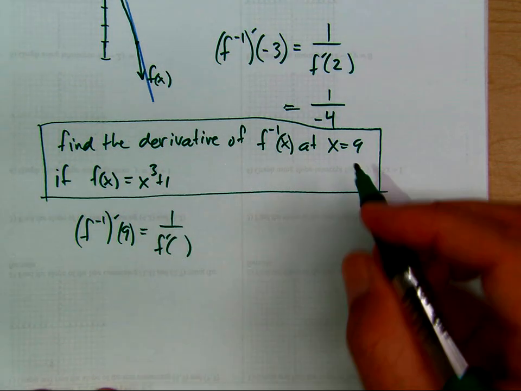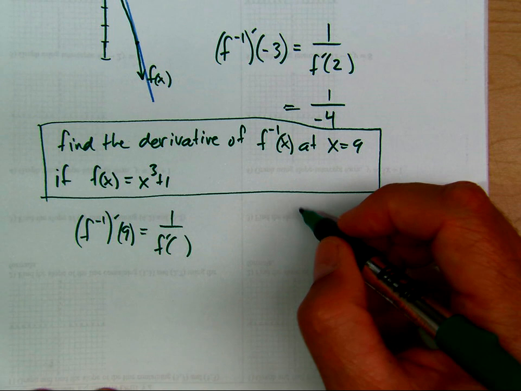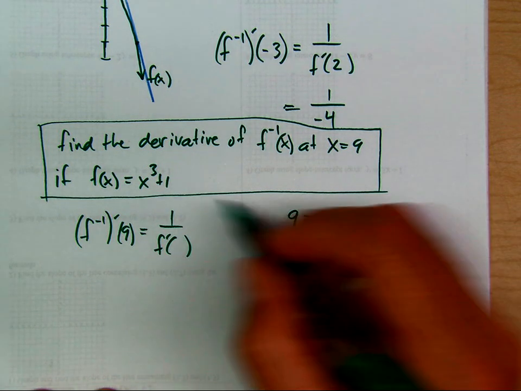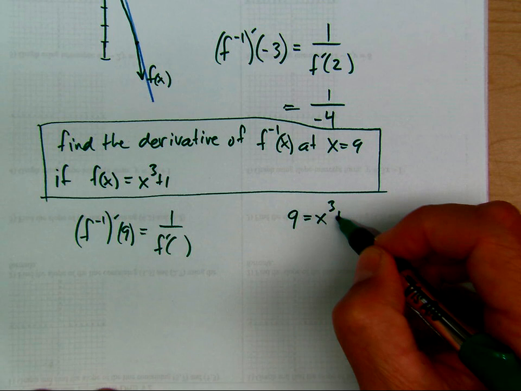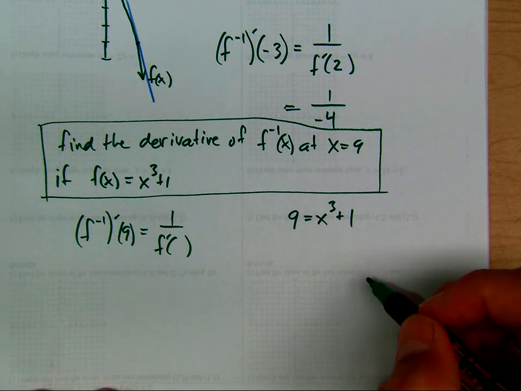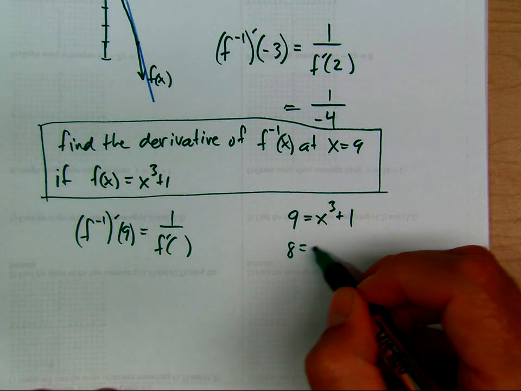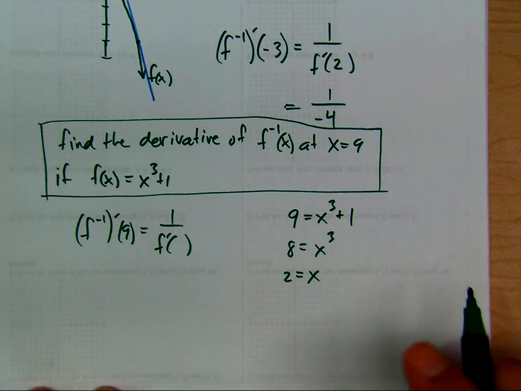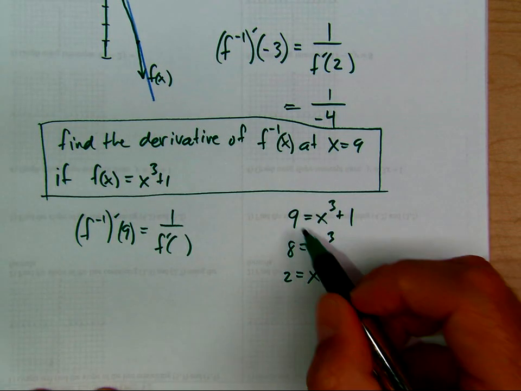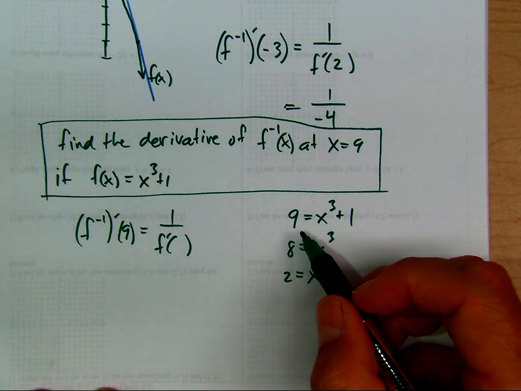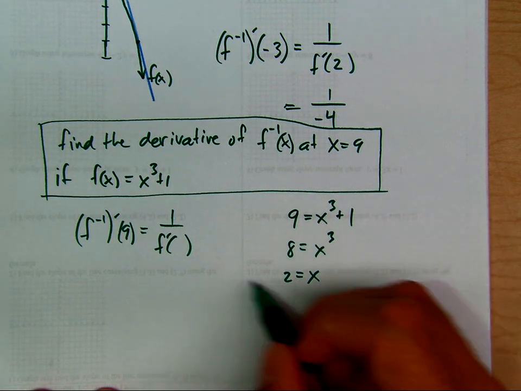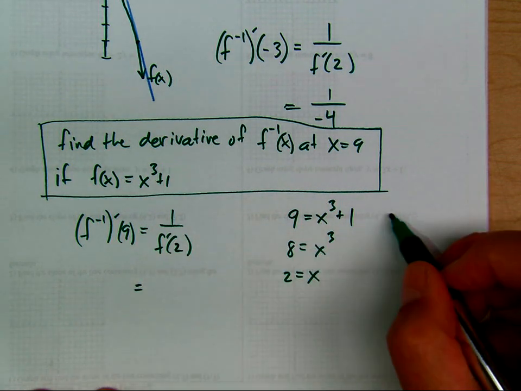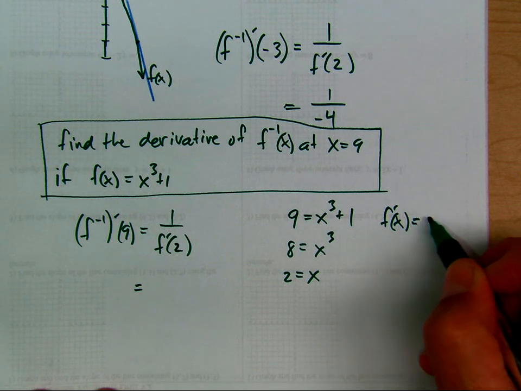So we say that 9 is the y value of f. And we get 2. 2 is the x value for that y value. So put the 2 in there. F prime is 3x squared.